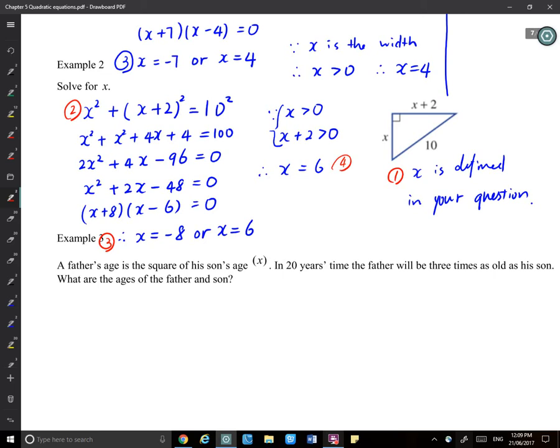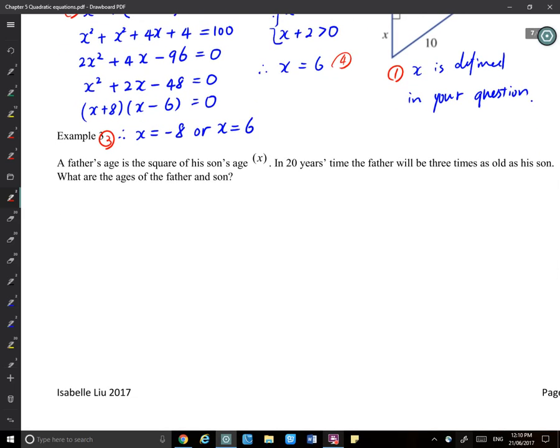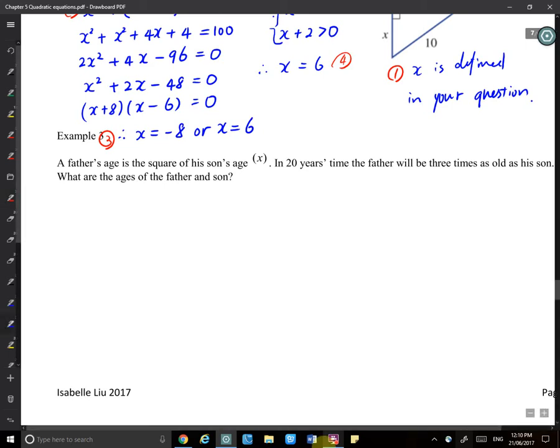Okay, example 3. A father's age is the square of his son's age. That is now. The son's age is x, so the son's age is x this year.